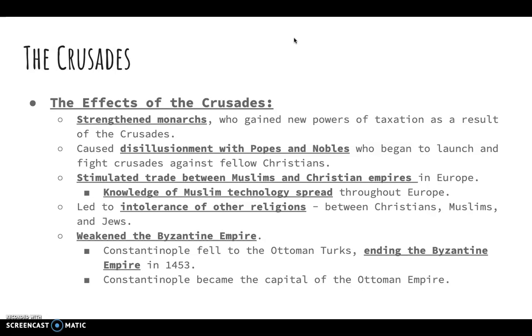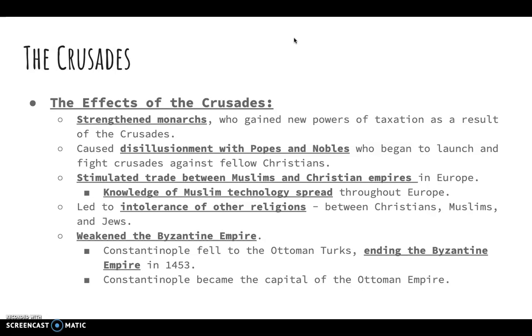It also is going to stimulate trade between Muslims and the Christian empires. Muslim technology, like the astrolabe and map making and things of that knowledge, is going to spread throughout Europe, which is eventually going to lead to European expansion into the New World, aka the Americas, and into Africa.